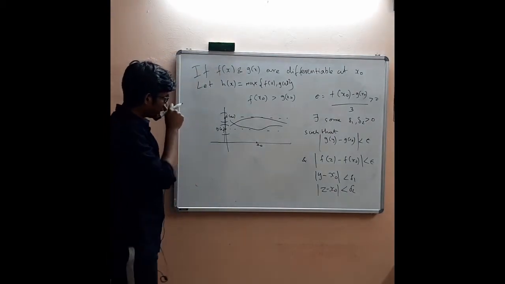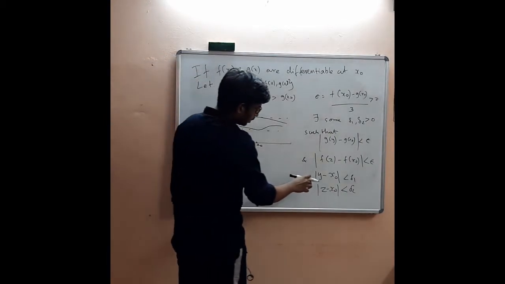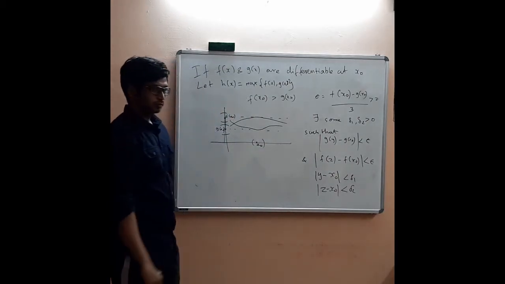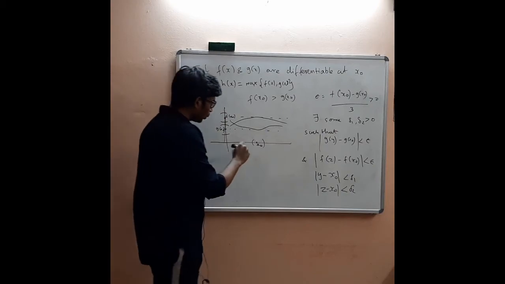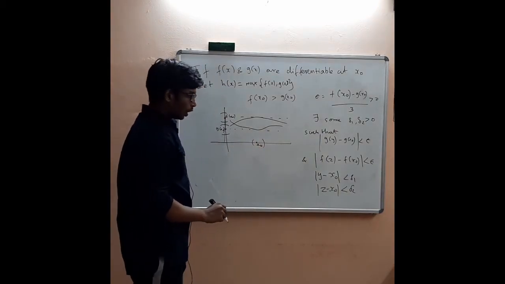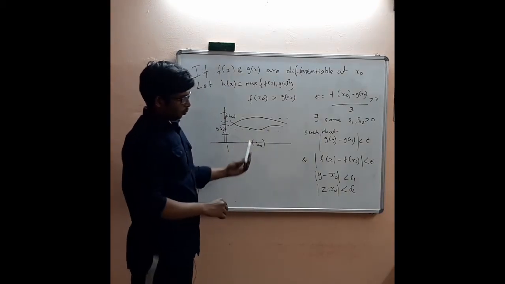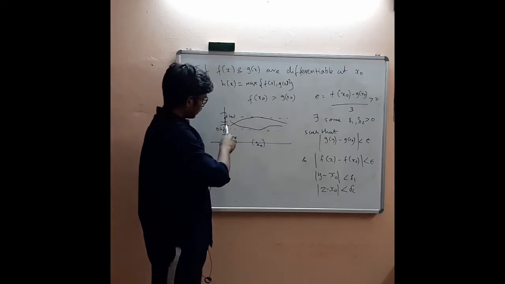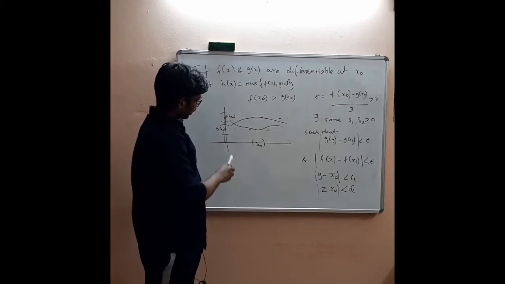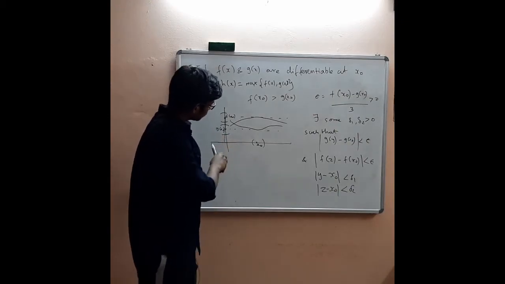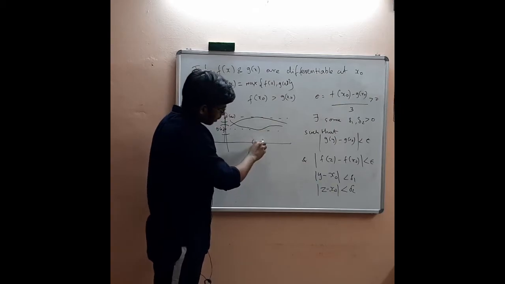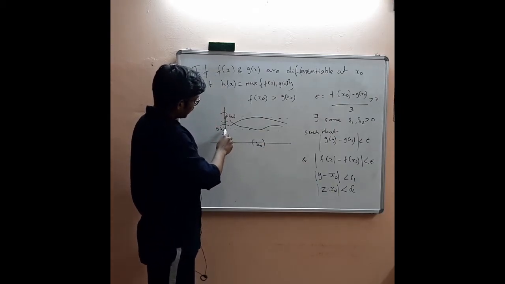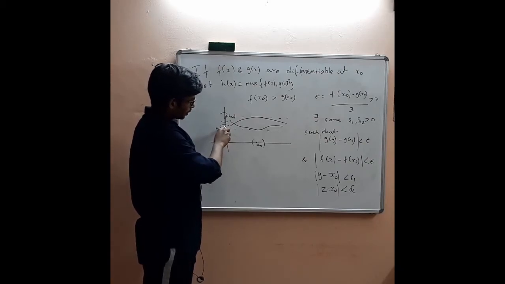What am I doing here? I am now thinking about a particular interval around x0, actually two intervals around x0: one interval for g and one more interval for f. Since g is continuous, I should be able to find an interval such that all the values of g in that interval lie within this interval.